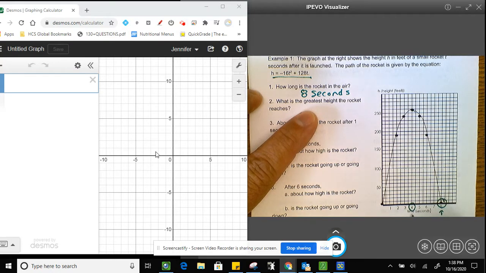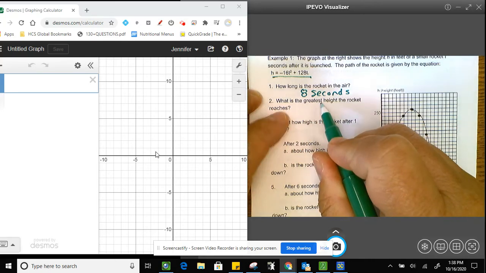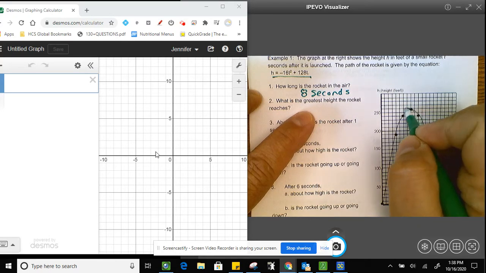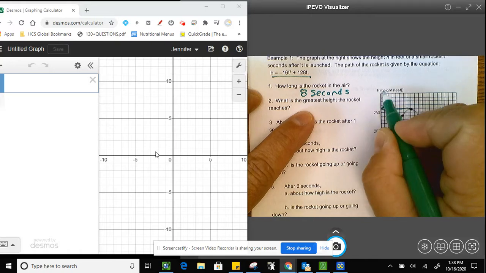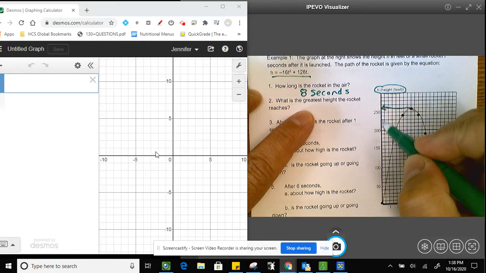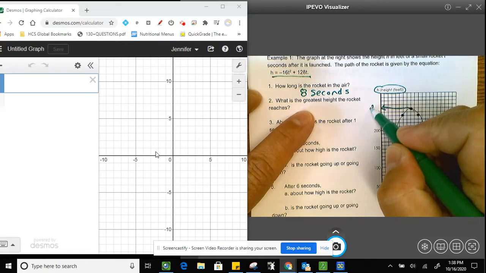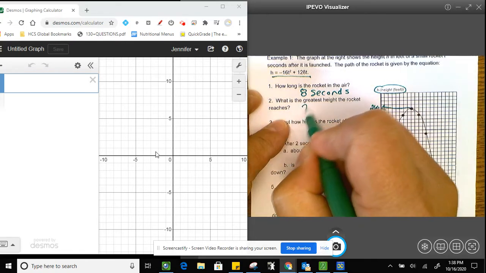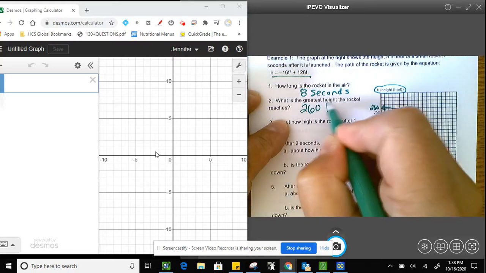So when did it reach its maximum height? At 4 seconds. The question was, what is the greatest height? So we have to follow this over to the y value, which represents our height. And this is counting by 10, so 260 feet would be the greatest height that it reached.